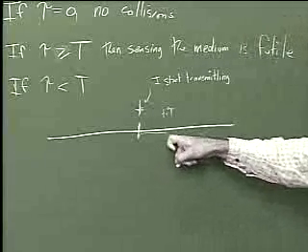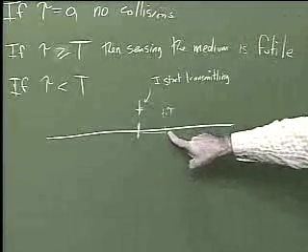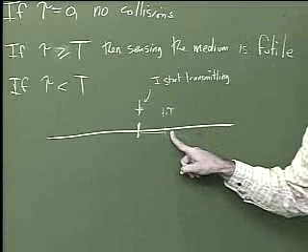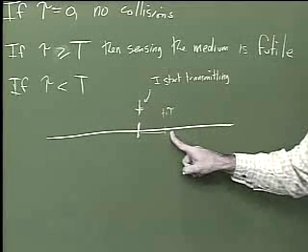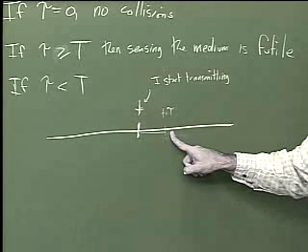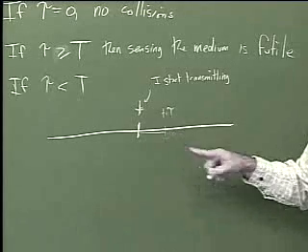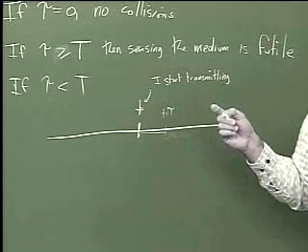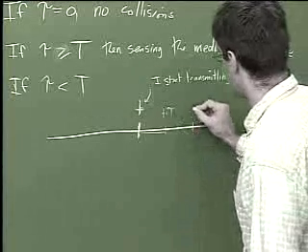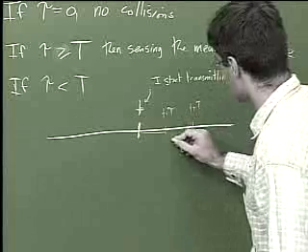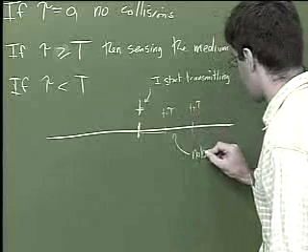If somebody decides to start transmitting slightly after t plus tau, they're going to see my transmission, right? It'll have reached them, so they're not going to transmit. Okay, so from t plus tau to t plus T, nobody else will start transmitting.